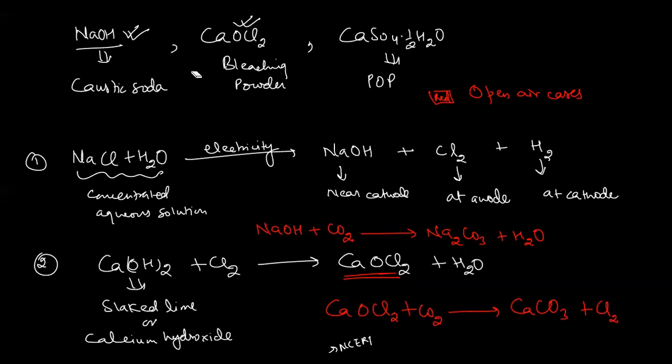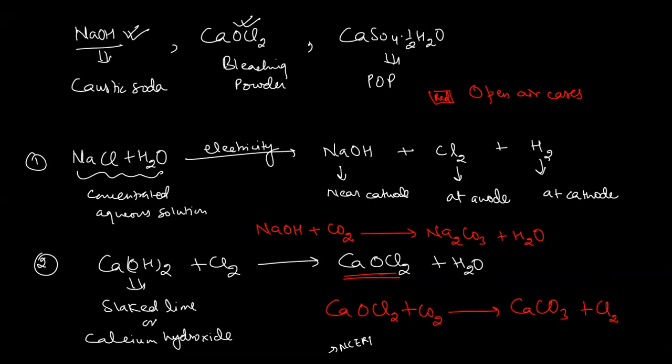Yes, sir. So this one is sodium chloride and water. When electricity is passed through it, it will give you sodium hydroxide near the cathode, chlorine gas and hydrogen gas. And this we have discussed in detail, the anode and cathode reactions, very well. This is called the chloralkali process: how the reaction happens at the anode and at the cathode, we have studied this in detail.